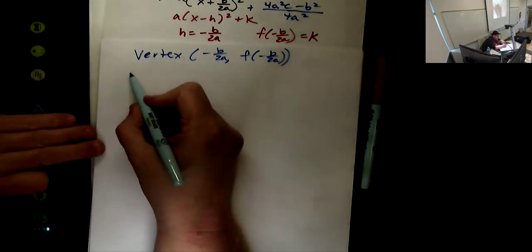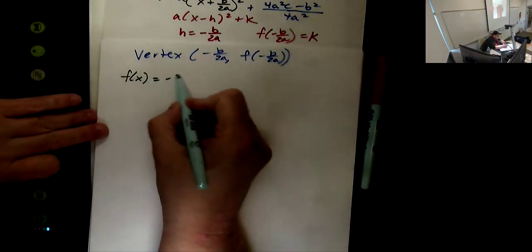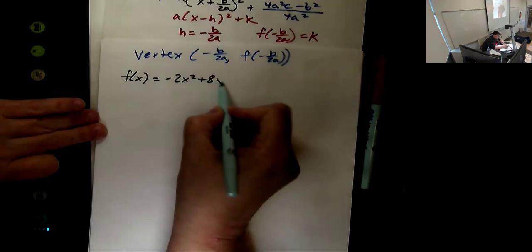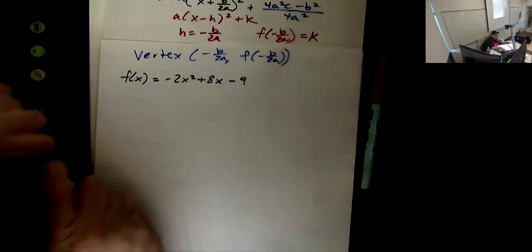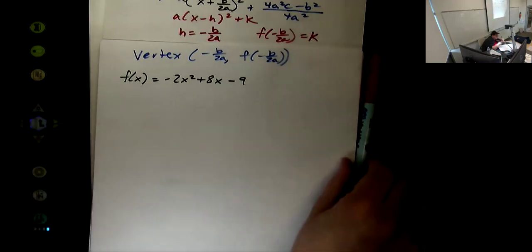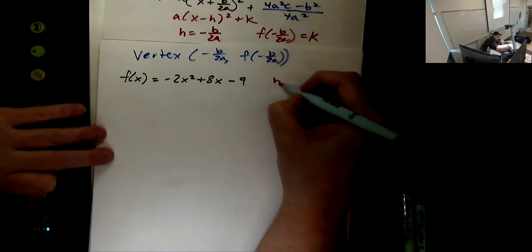And let's go back and look at that negative two X squared, the one we just did. The one that you didn't like. So what is H here?